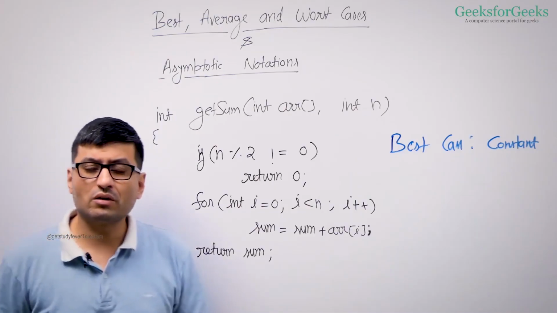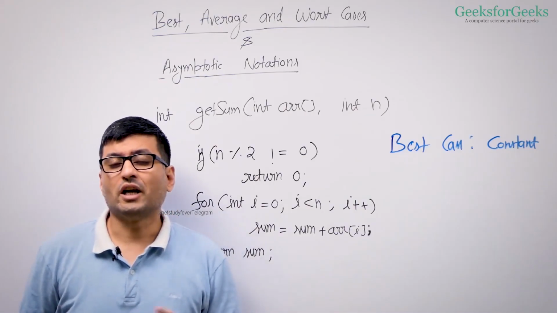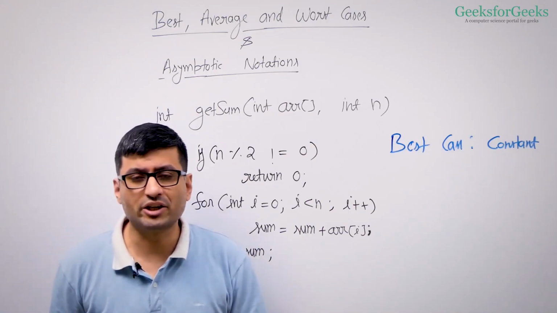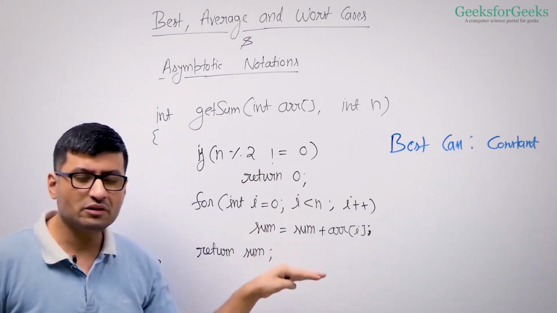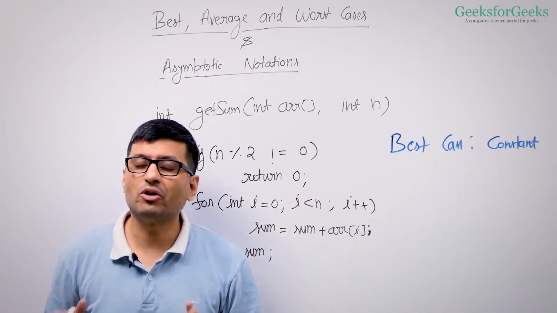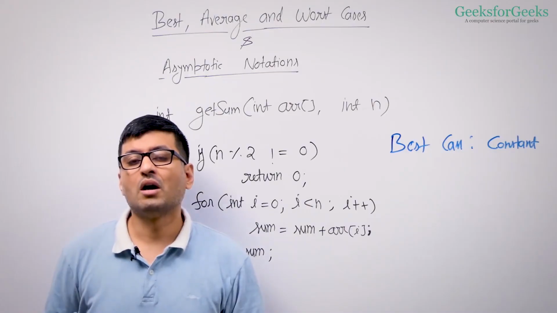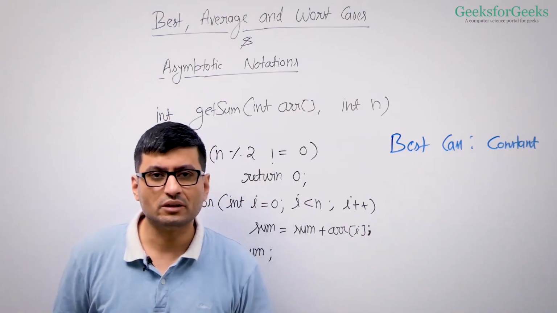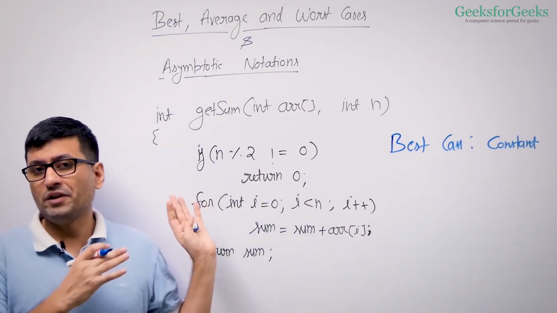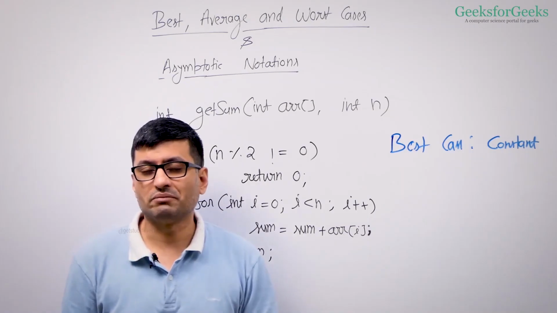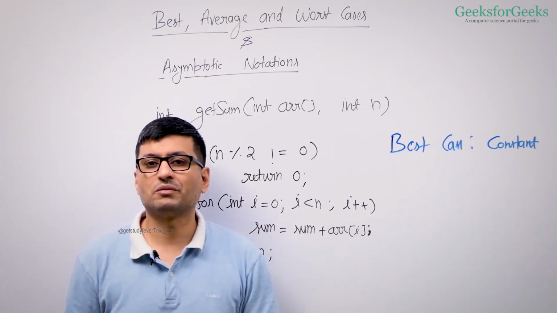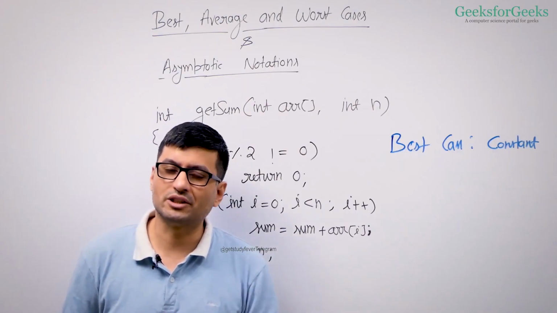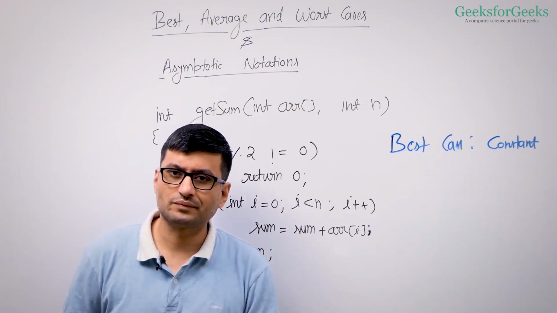Let's now talk about average case. See, average case is something which is many times impractical to guess. You have written this function, you do not know how your users are going to use it. How are they going to provide input, and which input is going to be with what frequency? So if we know all possible inputs, we can find the order of growth for every input, do the sum of all order of growths, and then do an average and find the average order of growth.